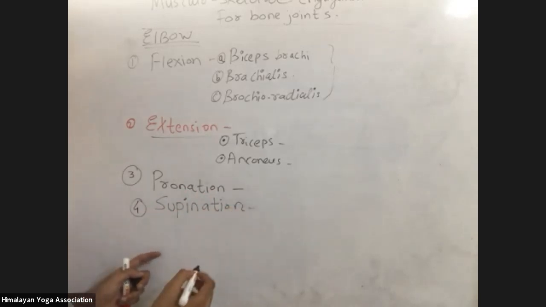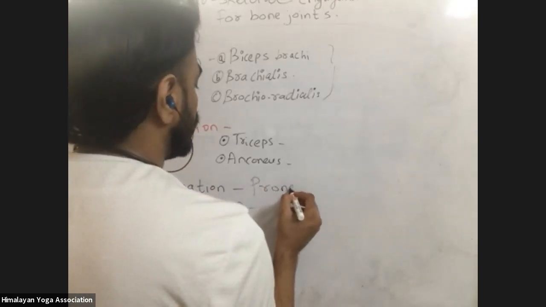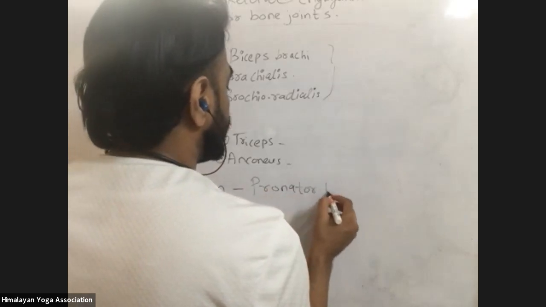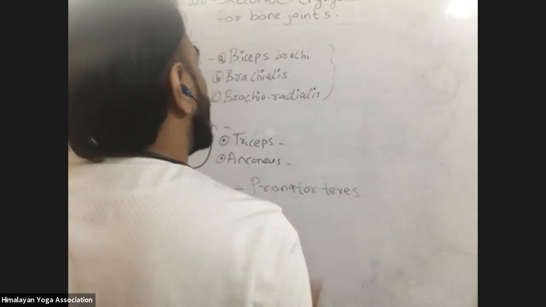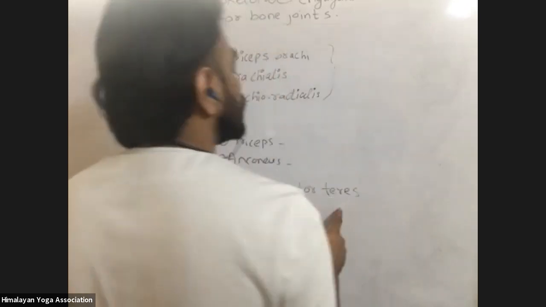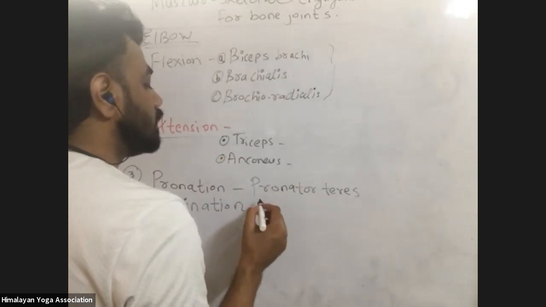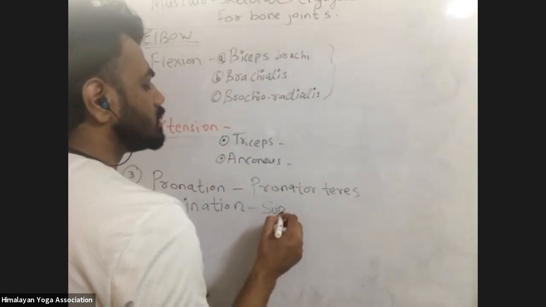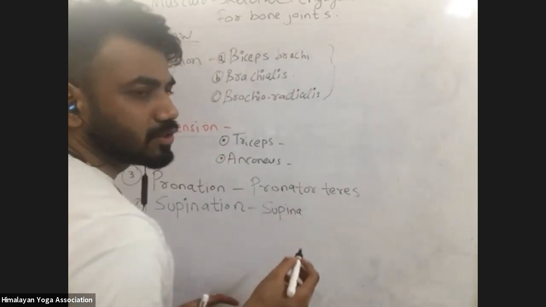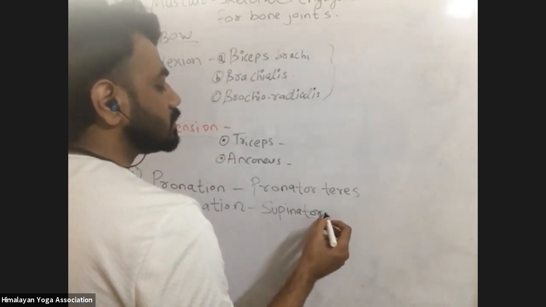For pronation, we have the muscle pronator teres. Teres is a round muscle. And for supination, we have the supinator group of muscles. We have adductors group, abductors group. Similarly, we will have the supinator muscle.